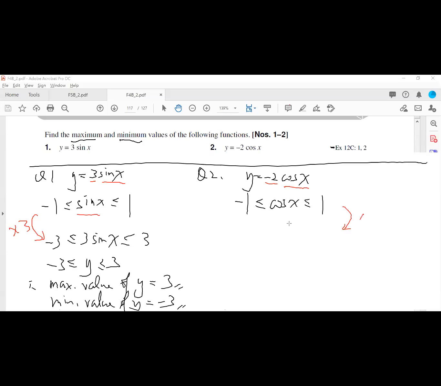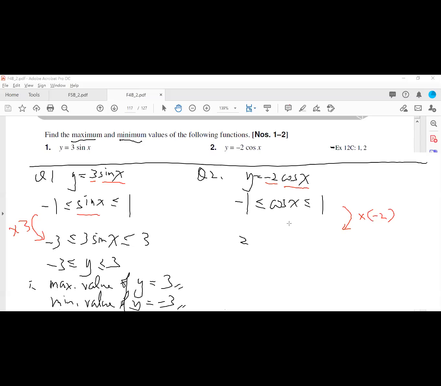It's multiplied by -2. But you need to be very careful here because it is an inequality. When you are multiplying a negative number to an inequality, then you need to change the inequality sign to be opposite direction, okay? So when you multiply -2 to the left-hand side, -1 times -2 is 2, okay?